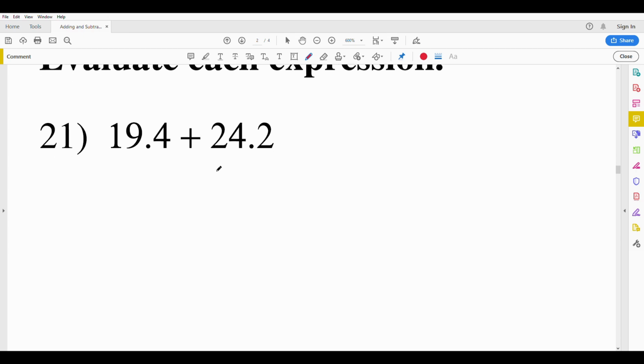At number 21, we have a positive, and we're adding another positive, so we're going further into those positives, so we'll just add those values together, and it's going to remain positive. So 19.4 plus 24.2, 4 tenths plus 2 tenths is 6 tenths, and then I have 19 plus 24, which is going to give me 43. So 43 6 tenths is our solution in number 21.